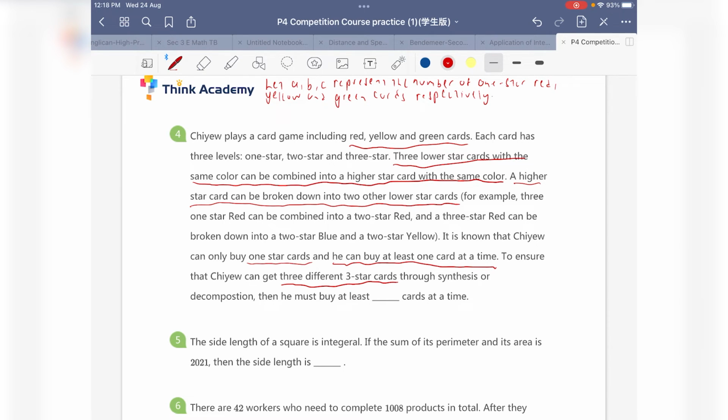Now in this case over here, let's take a look at maybe an easier case. Let's take a look at the case where B, C are equal to 0. How many cards do I need?